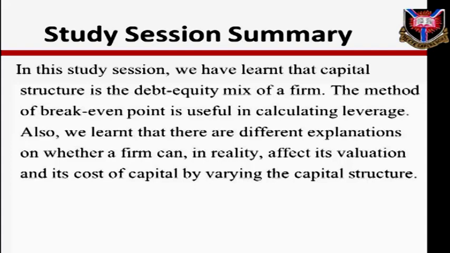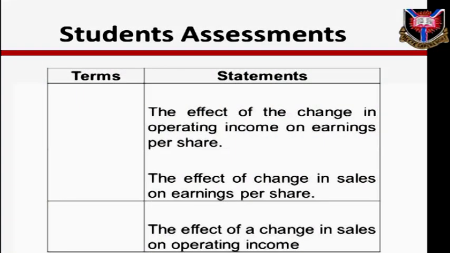There are different explanations on whether a firm can, in reality, affect its valuation and its cost of capital by varying the capital structure. The net operating income approach suggests that the firm's overall cost of capital and the value of the firm's market value of debt and stock outstanding are both independent of the degree to which the company uses leverage.